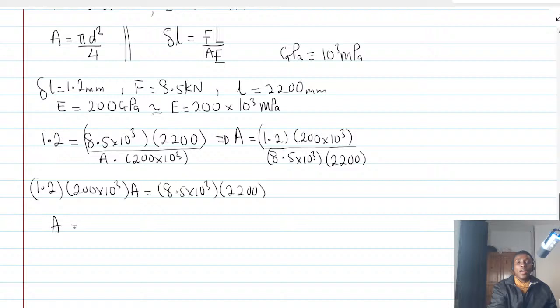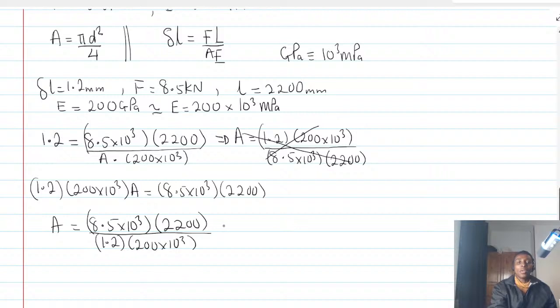So this is wrong. So then the area is actually going to be 8.5 times 10 to the power 3 multiplied by 2200 divided by 1.2 multiplied by 200 times 10 to the power 3. So please, someone should give us the answer.